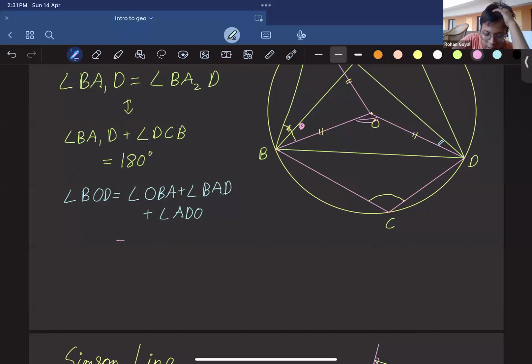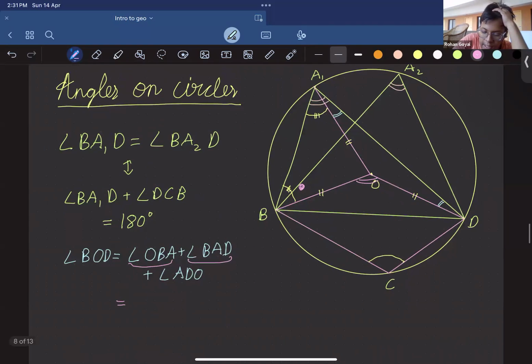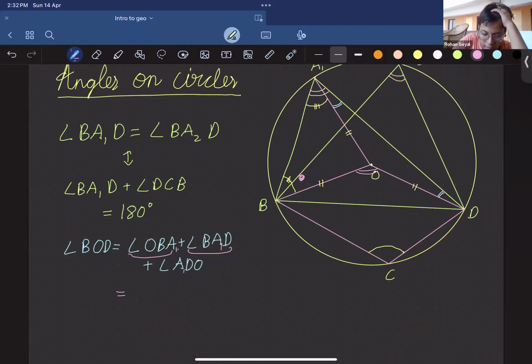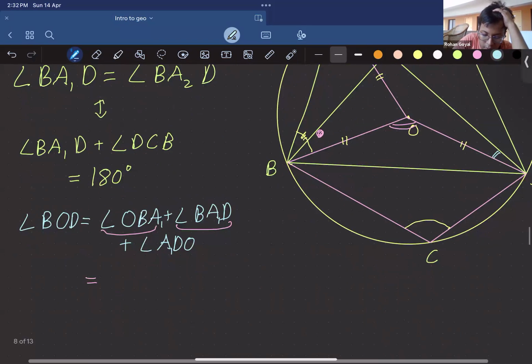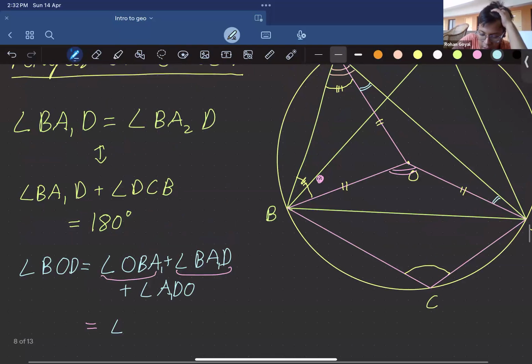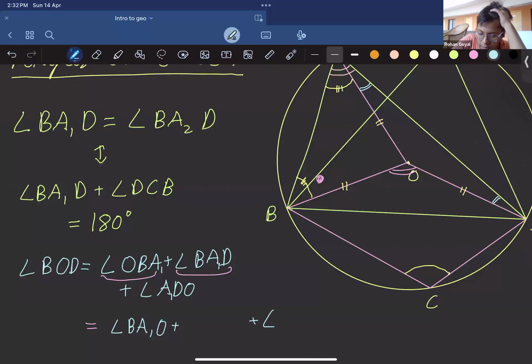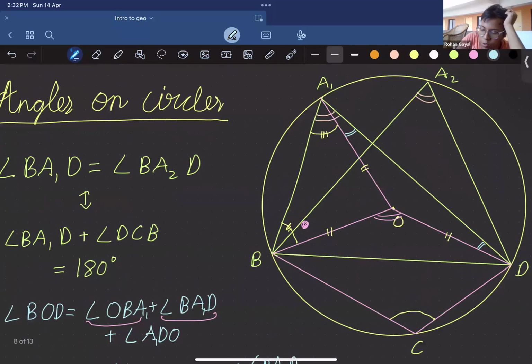So we have angle BA1D plus OBA1. By our observation, OBA1 is equal to angle BA1O, and similarly A1DO is equal to OA1D.